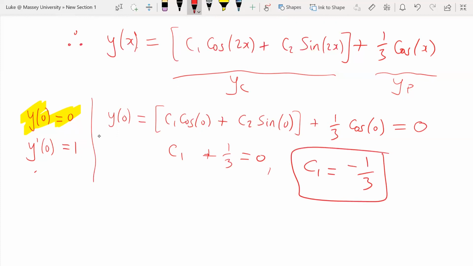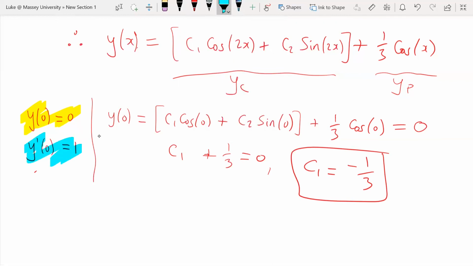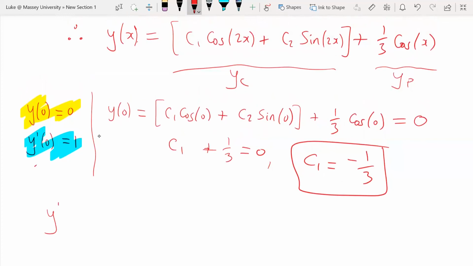Pretty easy there. But now we have to use the second initial condition, and for that we need to take the derivative of this equation. Again, it's not too hard. y prime of x is equal to minus 2 c1 sine of 2x plus 2 c2 cosine of 2x minus 1/3 sine of x.